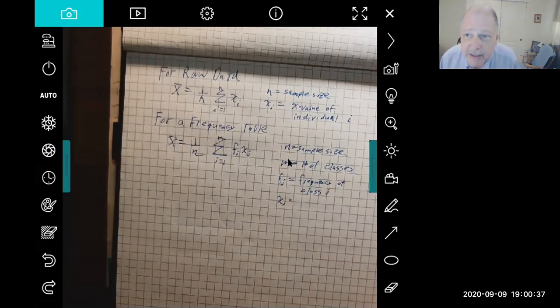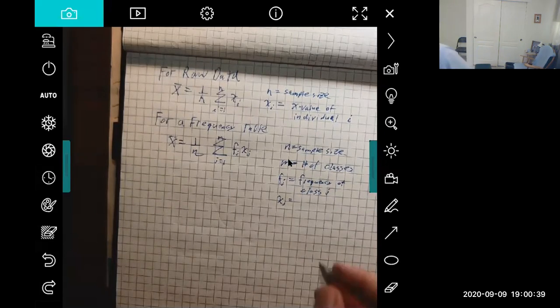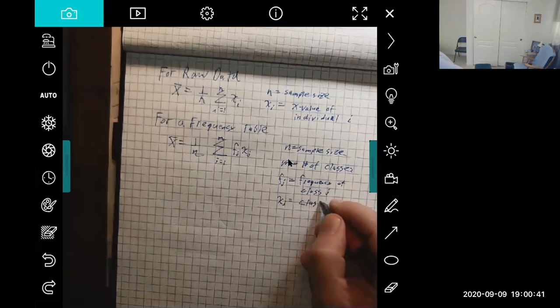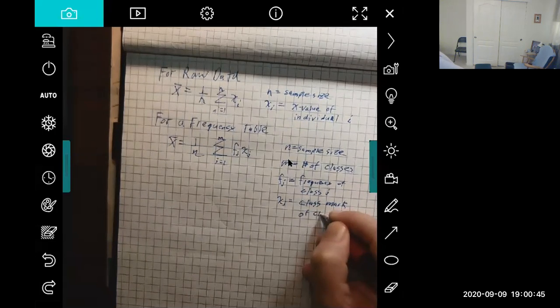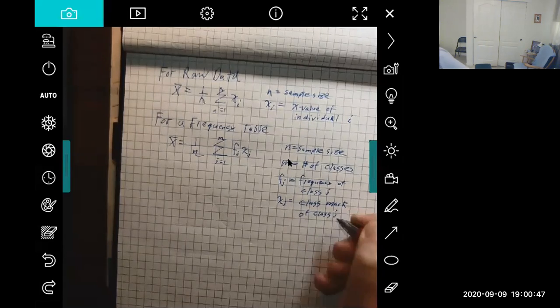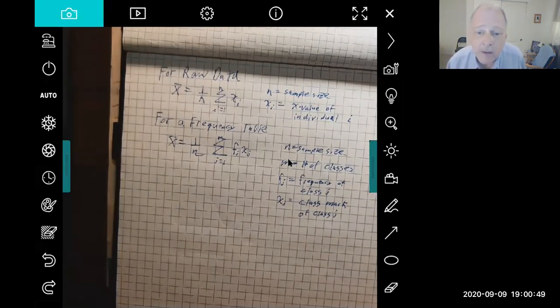And the x sub j is the class mark of class j. So that's how you find the mean.